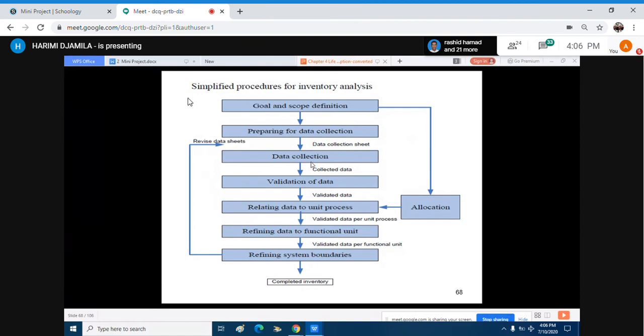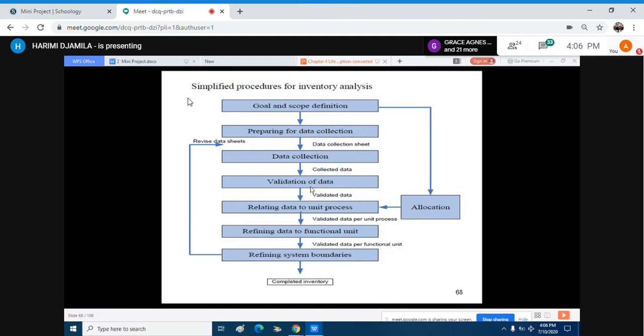In the data collection, you will collect your data from your own database, probably from other sources. You still need to consider it, and you need to check the validation of the data.